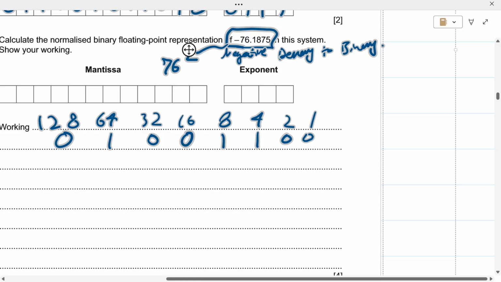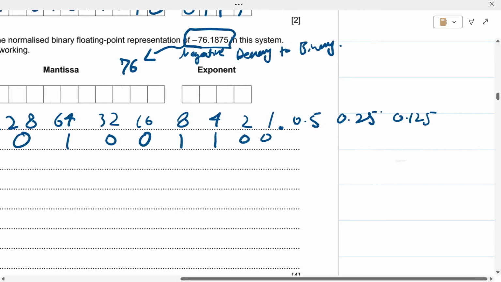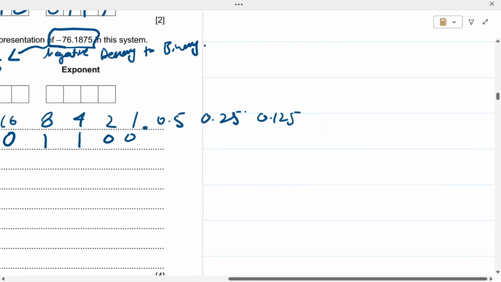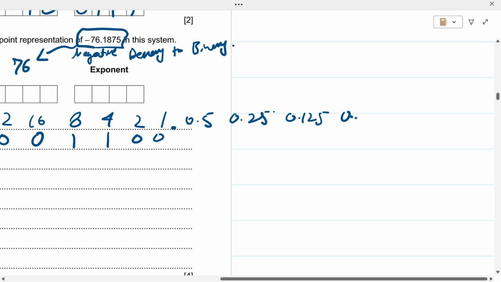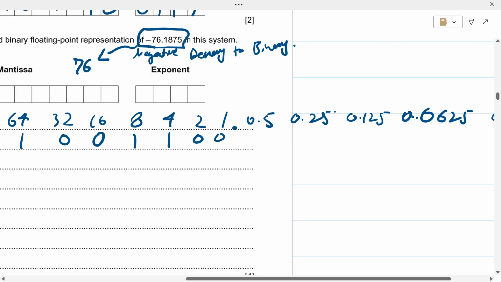Now for 0.1875: 0.5, 0.25, 0.125, 0.0625, 0.03125, right? Now, I can use my calculator just now, but I won't, because I want to show you guys how to solve this.